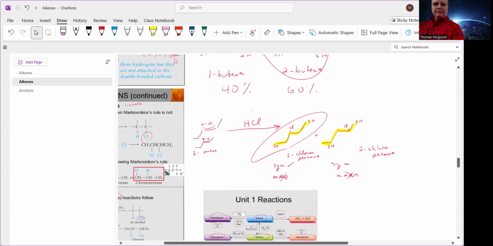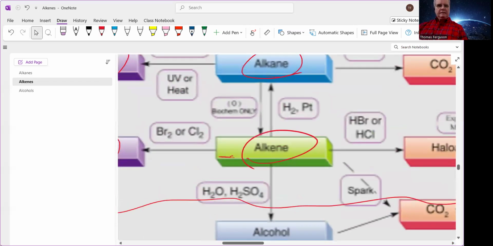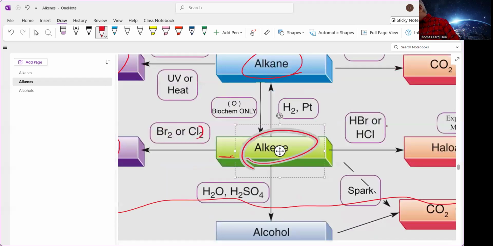Okay, so in our reactions here, we've talked about adding chlorine, talked about adding H2, we've talked about adding HCl. Now we're going to add water. I'm going to add water in a sulfuric acid solution across the double bond.